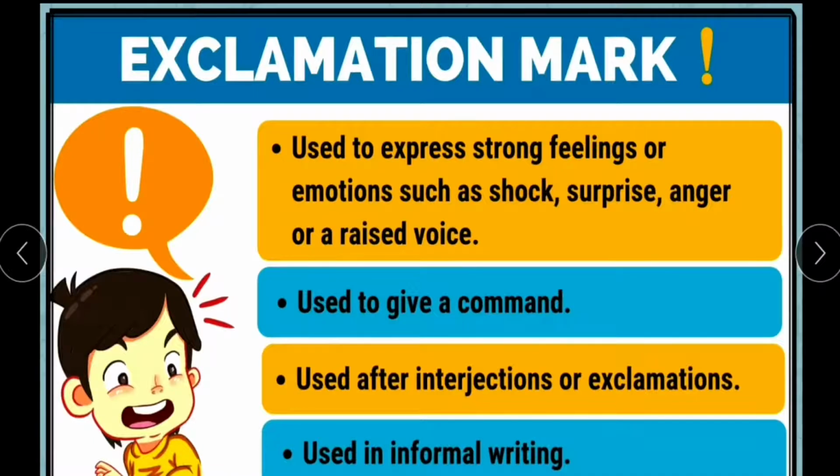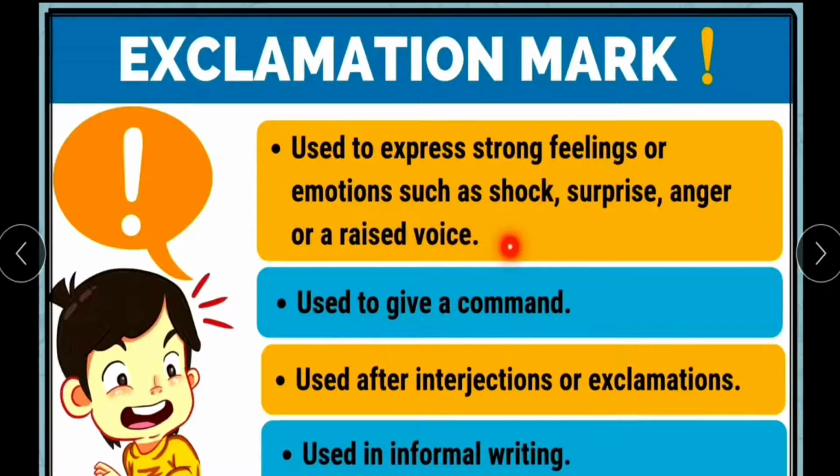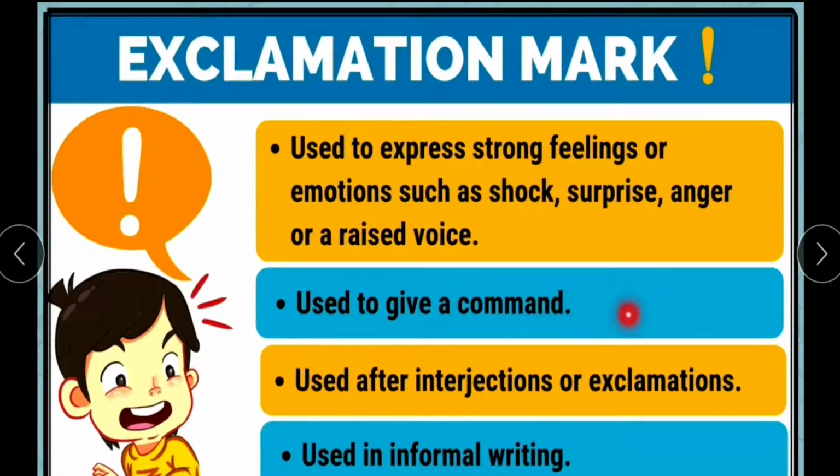We use exclamation mark to express strong and sudden feeling like shock, surprise, anger, or raising our voice sometimes. Like you were saying something and you say, stop, don't do that. When you are saying something loudly and suddenly, we use exclamation mark. And in case of commands, we use that.